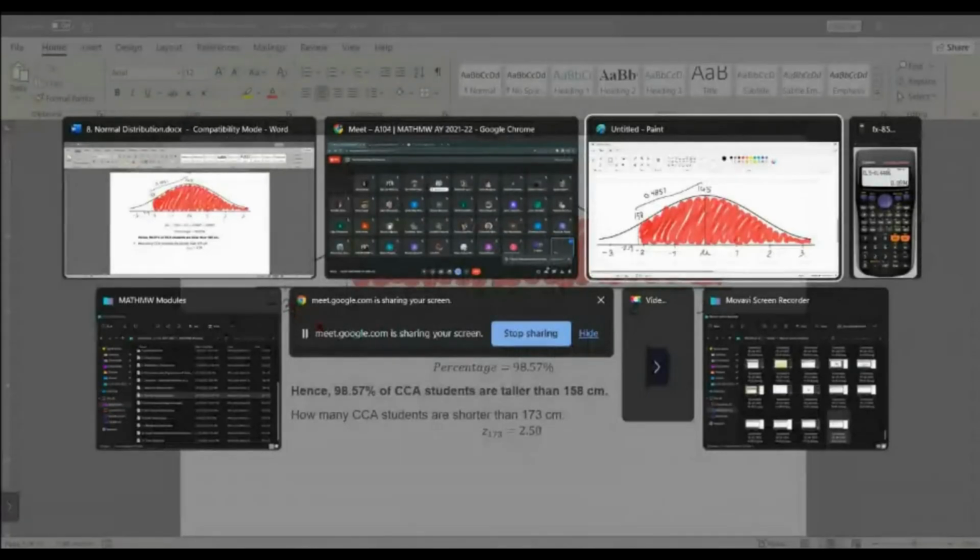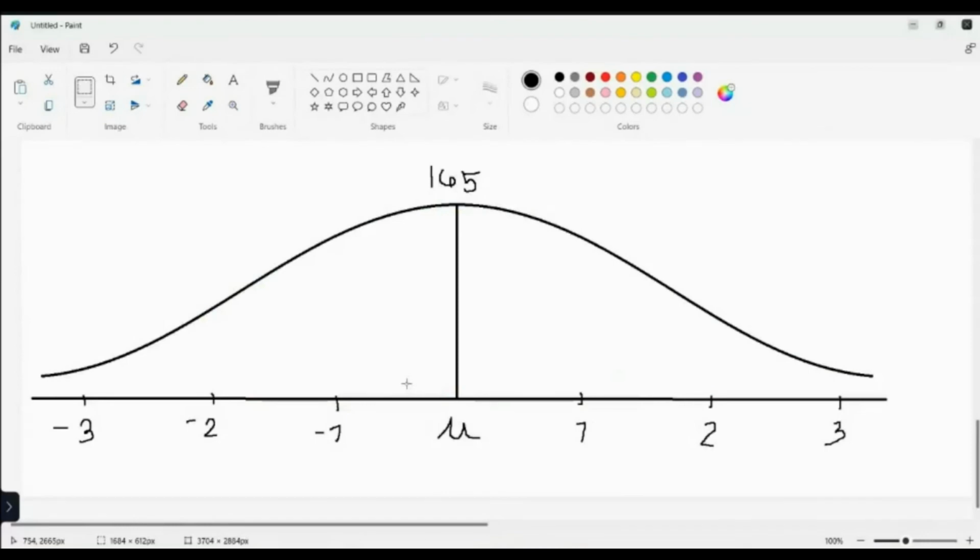So exactly between halfway through 2.00 and 3.00. So here, this is 173.